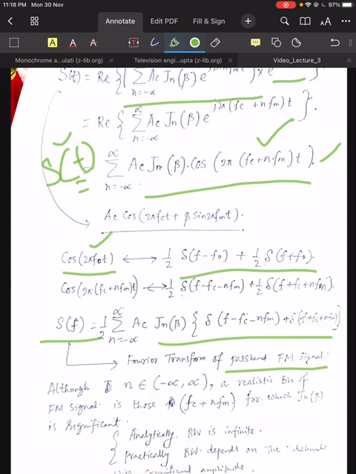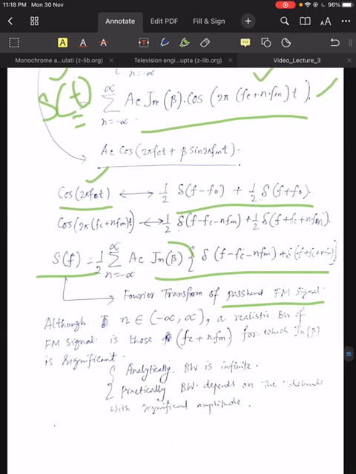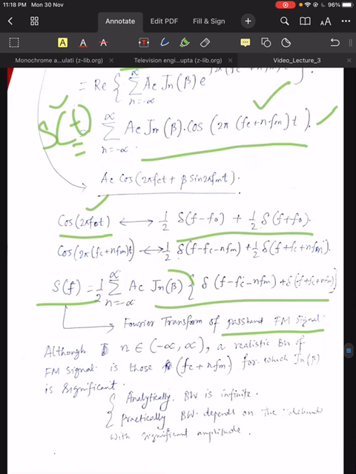Analytically, the amplitude of the sidebands you can compute as A_c J_n(β), so it depends on the Bessel coefficient of the first kind. This is the Fourier transform of the passband FM signal. Now we can understand that the theoretical bandwidth of the FM signal will be infinite, but practically the bandwidth will depend on the sidebands with significant amplitude.